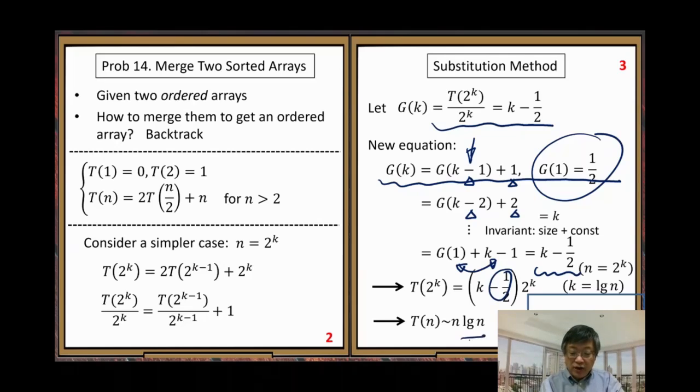K corresponds to log base 2 of n, and 2 to the kth is n. So n log n. If you want to use asymptotic notation, you can write big theta of n log n. That's the reason we have this worst case efficiency for merge sort, big theta of n log n.